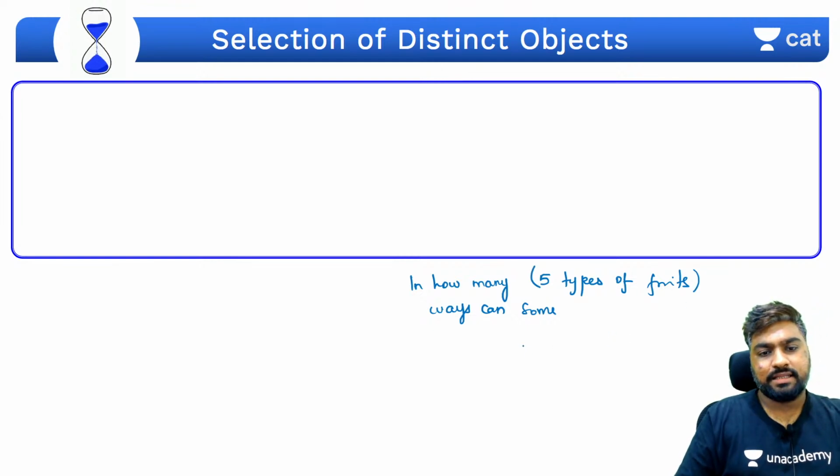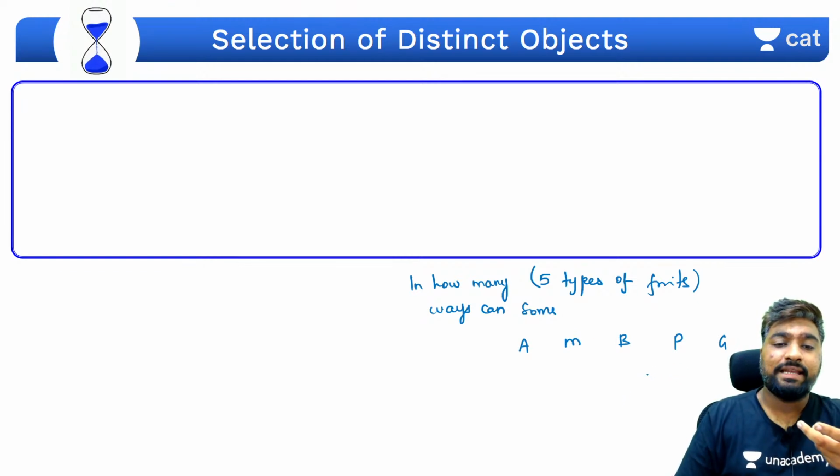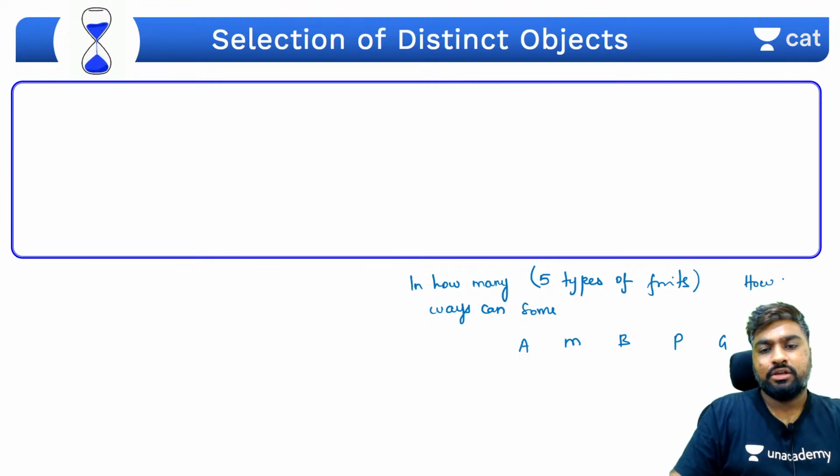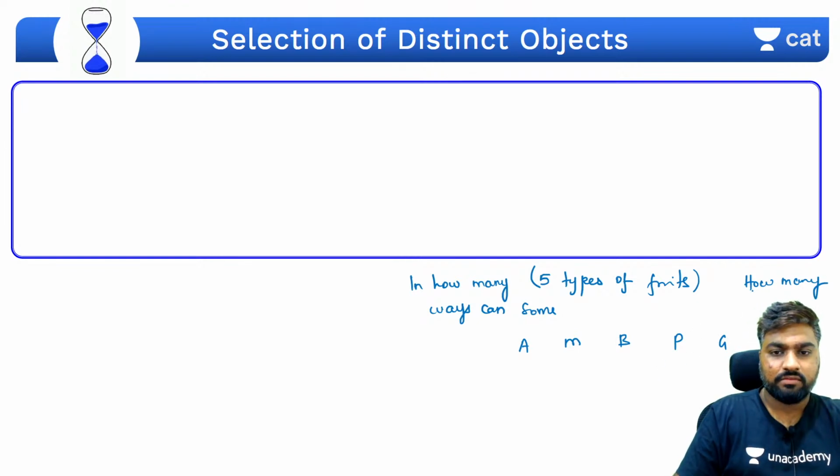Let's say there are some apples, some mangoes, some bananas, some papayas and some grapes. You need to select fruits but you don't know how many. That's the deal here. You can select 1 of each, you can select none of each, whatever. We don't know how many. So in such cases, how do you answer the question?